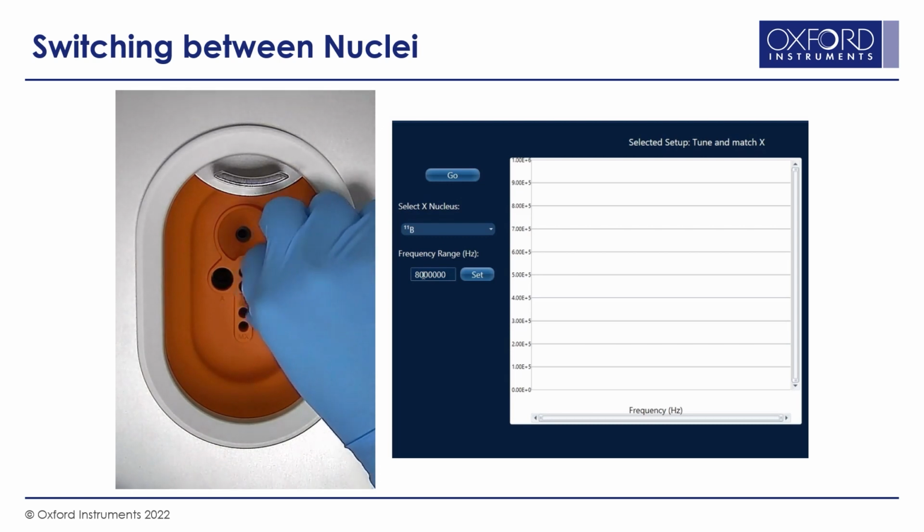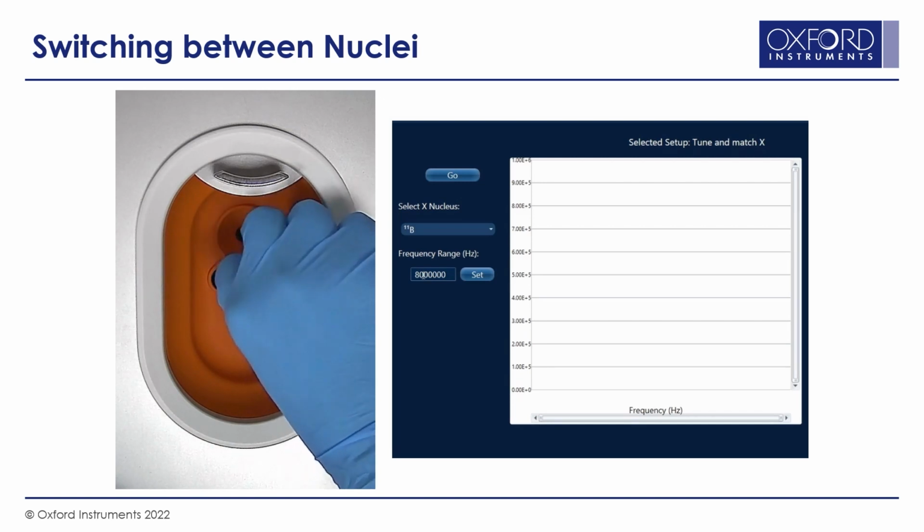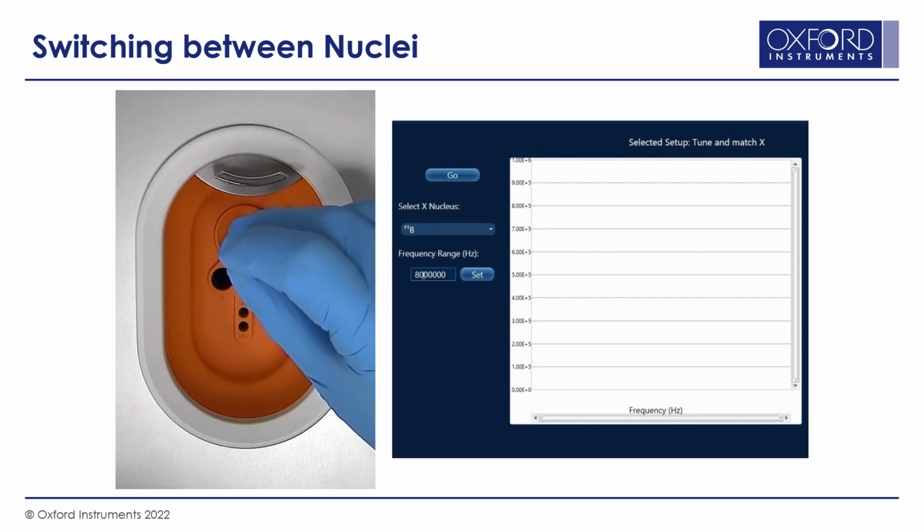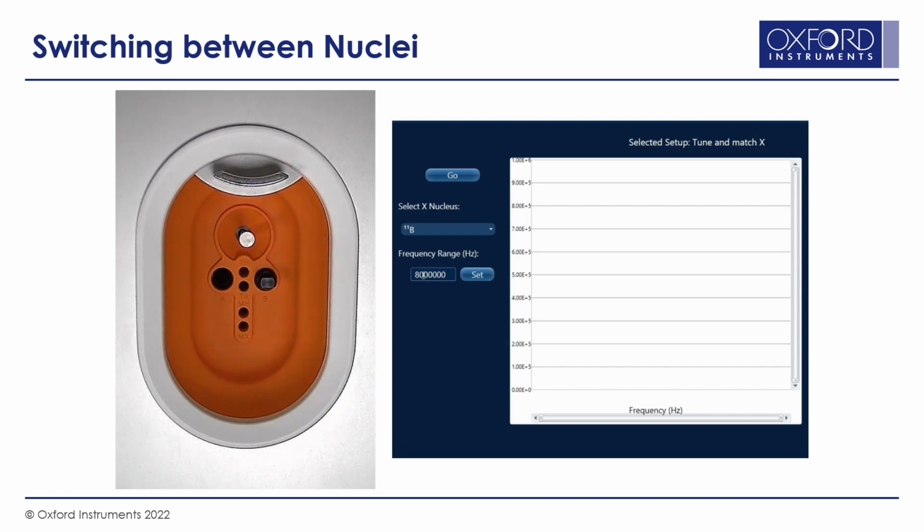On all NMR spectrometers capable of observing multiple nuclei, switching between nuclei entails more than just changing the radio frequencies transmitted and received. It is necessary to optimize the electrical properties of the probe for each nucleus and ideally for each sample, through optimizing the properties of the electrical circuits.